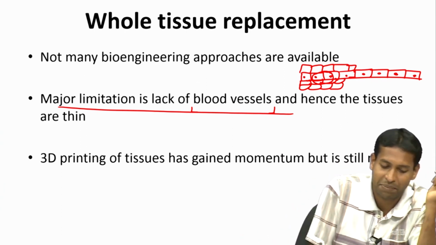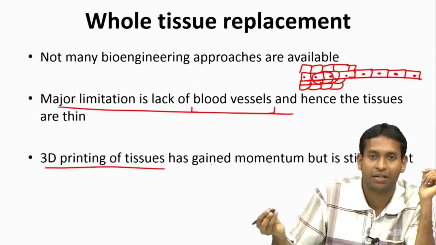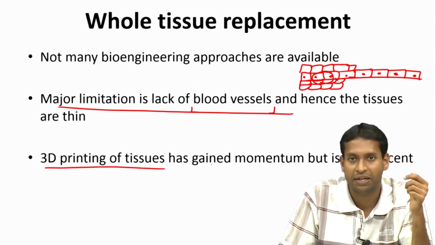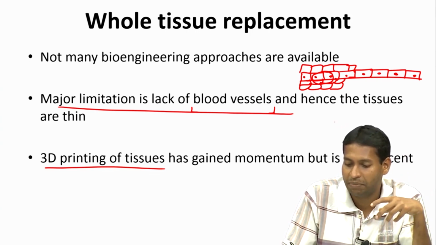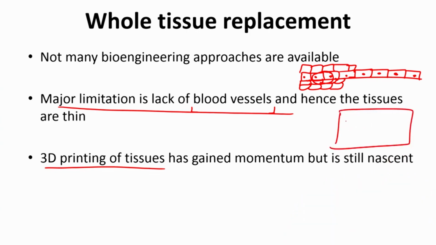One thing that has come up is 3D printing of tissues. People are using 3D printers to make large tissue structures with, let us say, vessels going through them, or at least the space for the vessels, so the media can actually flow through, and in the rest of the places they will grow their tissues.